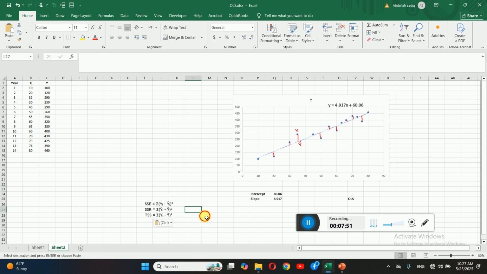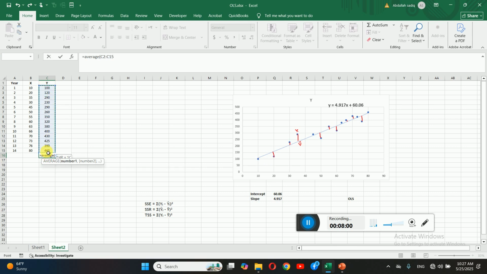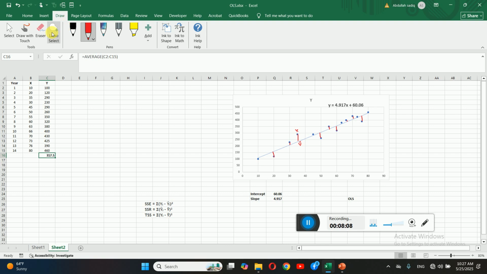Very much simpler. First I find the average value of the y. So this is the average. Now look, dear students, this is the average line. If I'm drawing the average line, first I should remove all these values we have.